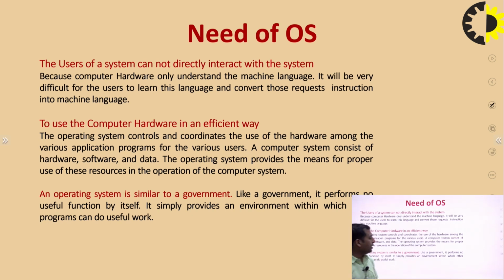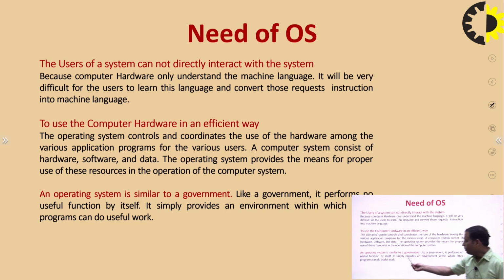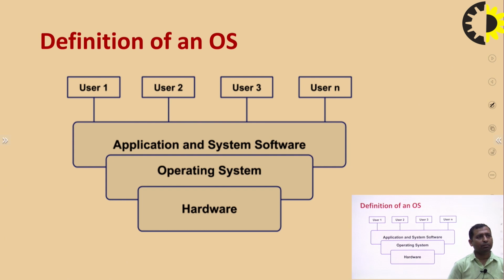Like a government, it performs no useful function by itself, but it simply provides an environment within which other programs can do useful work. So this facilitates the other programs to run in a good manner. So these are the basic needs of the operating system.